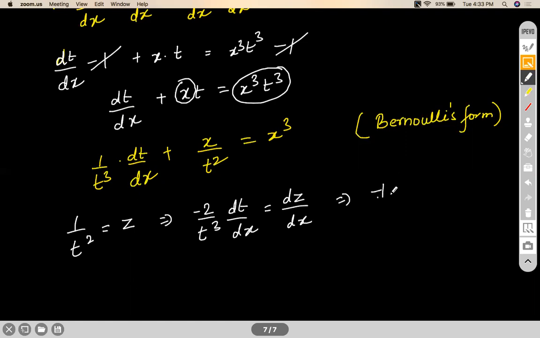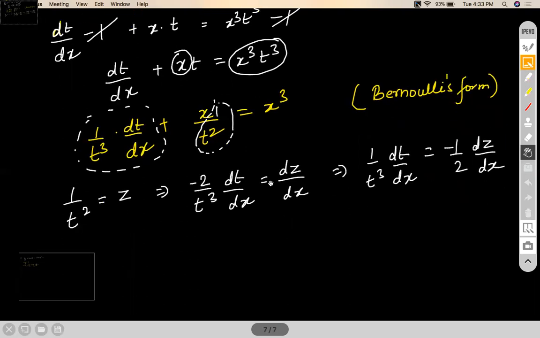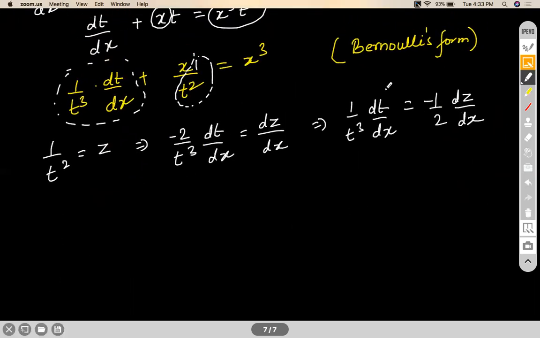In other words, not minus, 1 by t cube dt by dx will become minus half dz by dx. So this whole guy can be replaced with minus half dz by dx. 1 by t square could be replaced with z. So then it will take a form of a linear differential equation. Any questions so far?